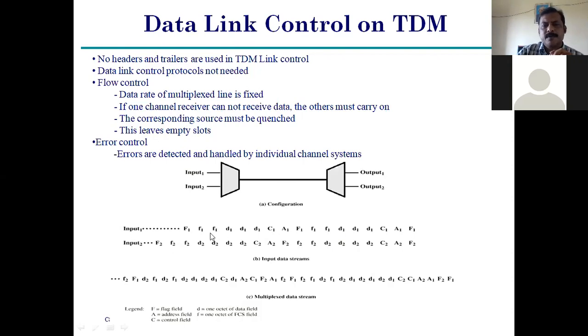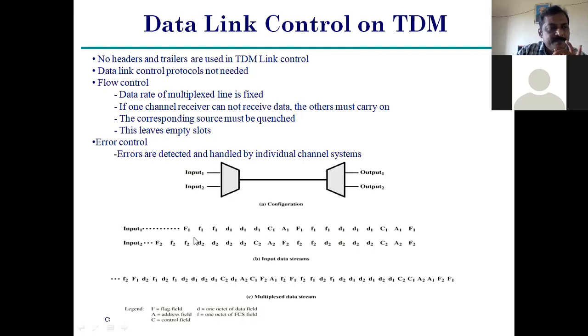Input 1 information contains F1, capital F1, which means the flag field. There are many flags; every student has already learned about flags in DLD. Next, small f1 means 1 octet of the frame check sequence.